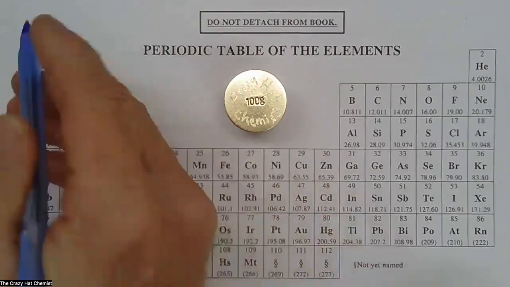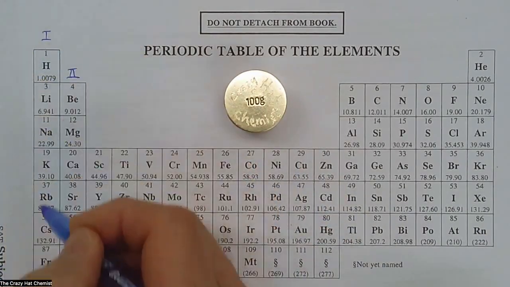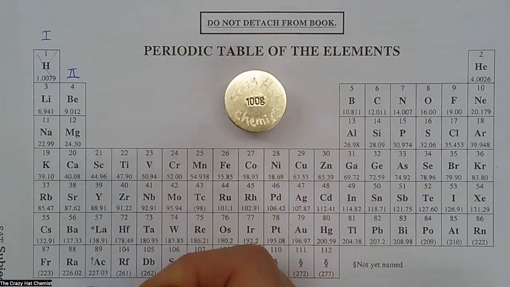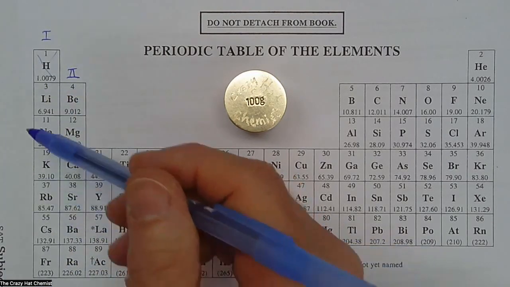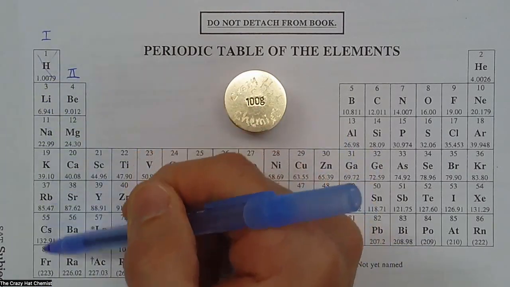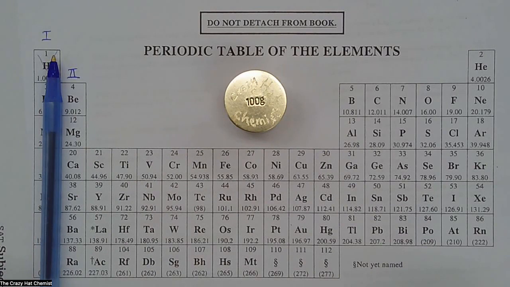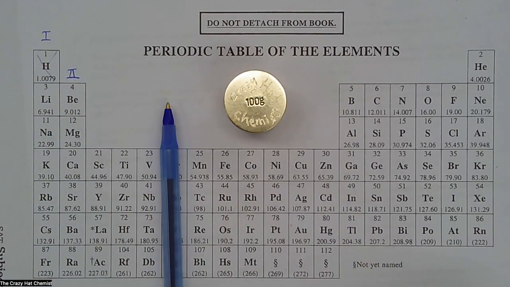You should be familiar that this is group 1, this is group 2, the alkali metals, excluding hydrogen, and the alkaline earth metals, okay? So as one moves down a group or a family, this is group 1 or family 1, or group 2, family 2. These groups or families are vertical columns on the periodic table. So any vertical column is a group or a family, okay?